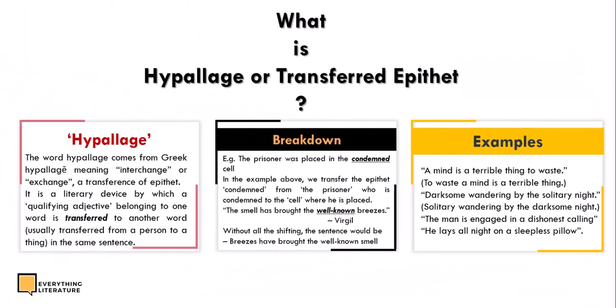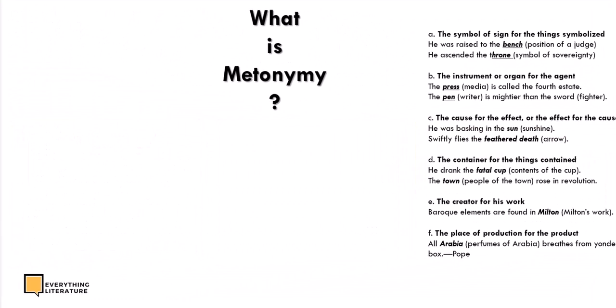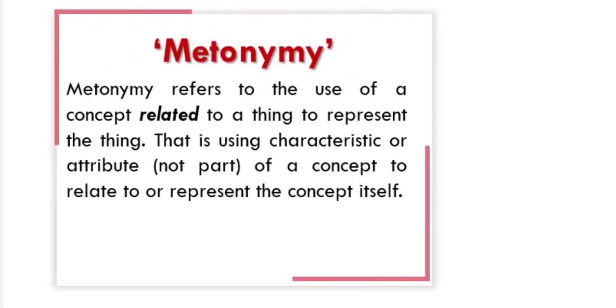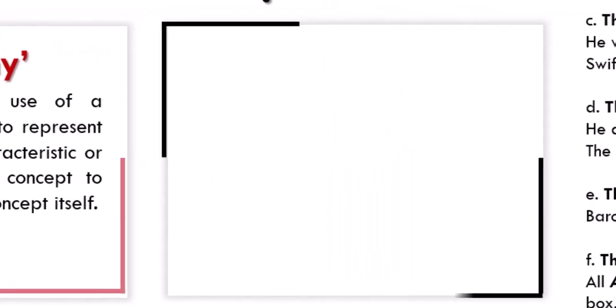What is metonymy? Metonymy refers to the use of a concept related to a thing to represent that thing. That is, using characteristics or attributes, not parts. Take note of this, please. The use of characteristics or attributes of a concept to relate to or represent the concept itself. Now let's take a look at some examples.